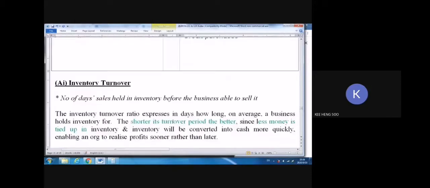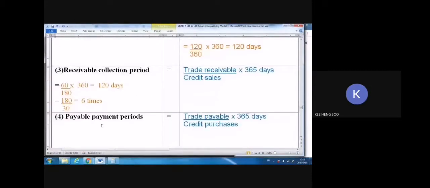That is to calculate number of days. The table, you can do the same thing also. If this one is 60, it becomes 3 times in a year.